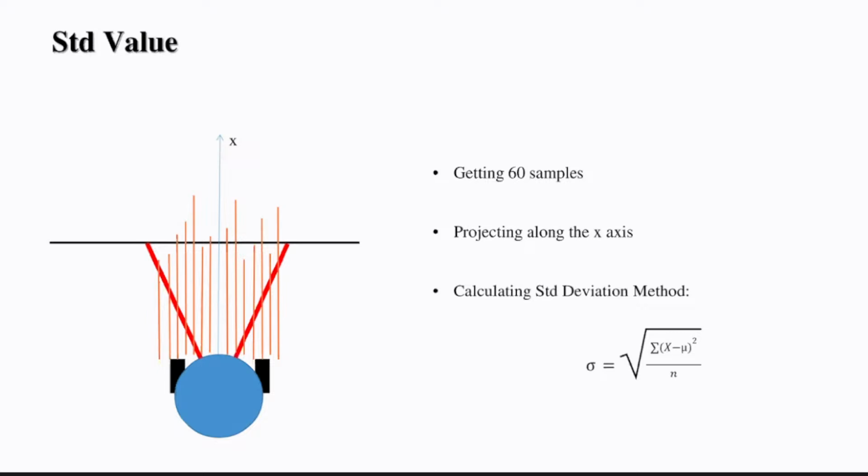So just to explain what I'm doing for the service, the first part of the project is to make a service to make the robot find the wall. For that, I'm getting 60 samples in a range in front of the robot with the front laser, with the LiDAR, and I'm projecting all these 60 samples onto the x-axis and calculating the standard deviation of these values.